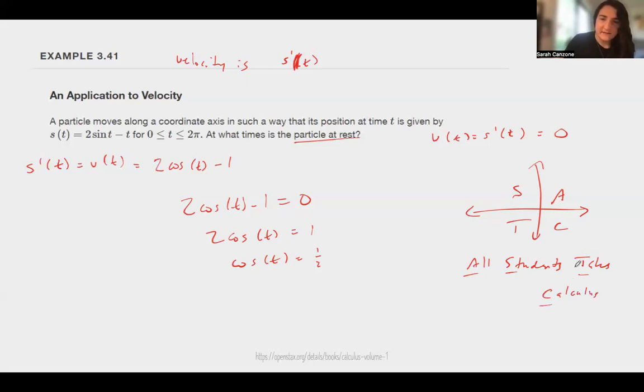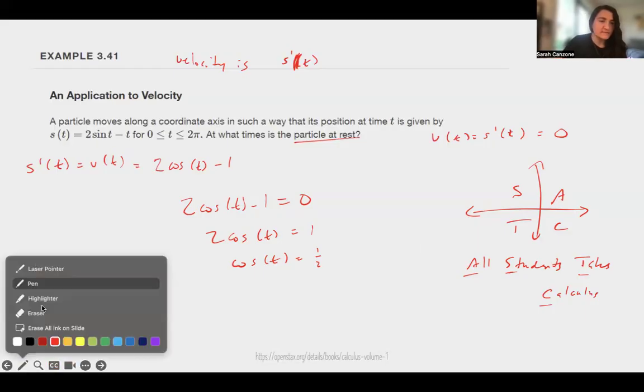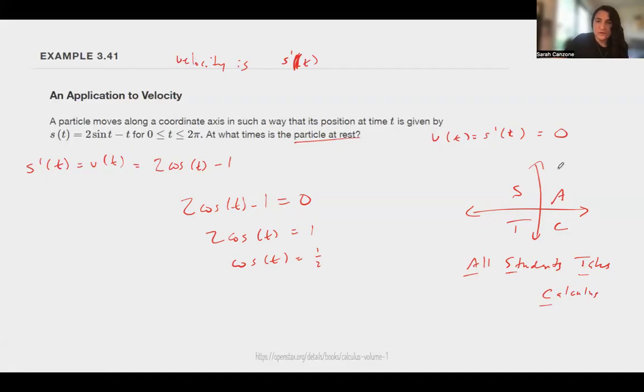And that's ASTC. And what that stands for is which trig function is positive in which quadrant. So all positive in the first quadrant. This is the second quadrant. Sine is positive. This is the third quadrant. Tangent is positive. And this is the fourth quadrant where cosine is positive.